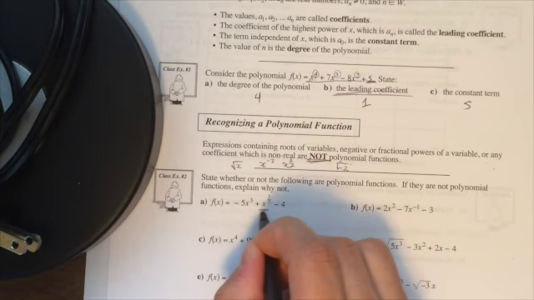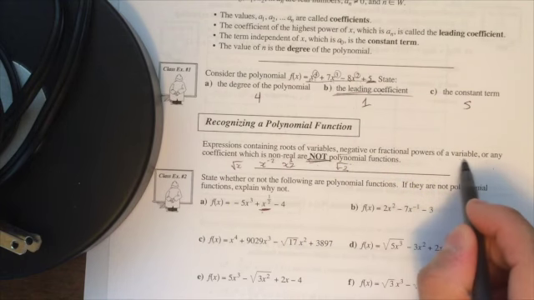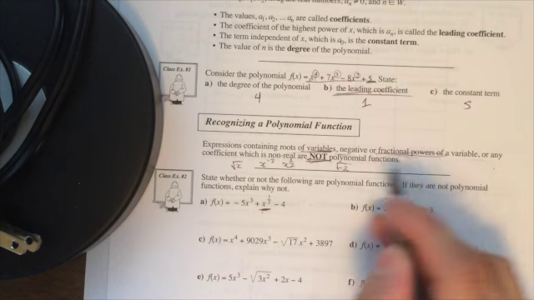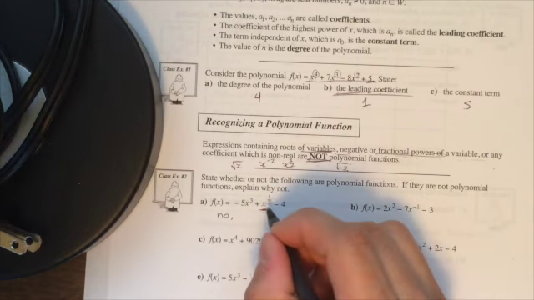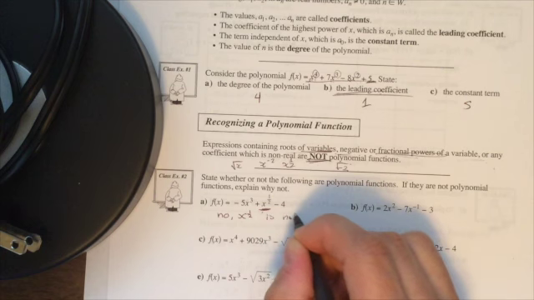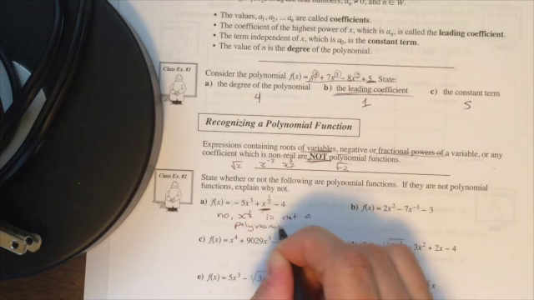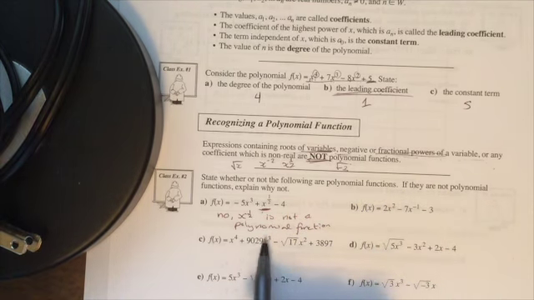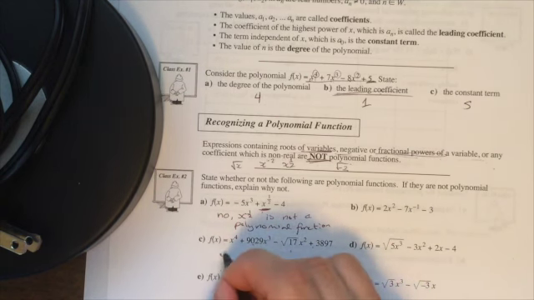Well, this one is not, because anything that has a variable with a fractional power, so x to the power of 1/2, is not a polynomial function. Let's look at C. Well, square root of 17, that is a real number, and everything else checks out as well, so this is a polynomial.